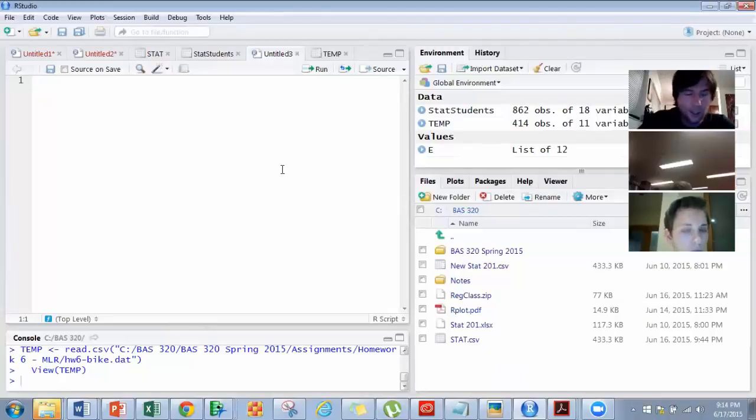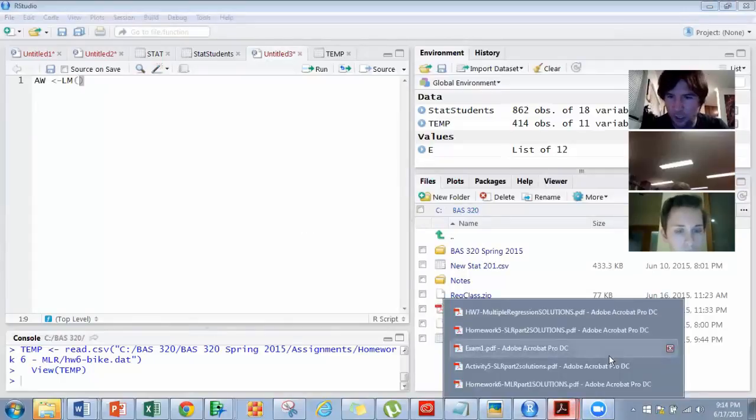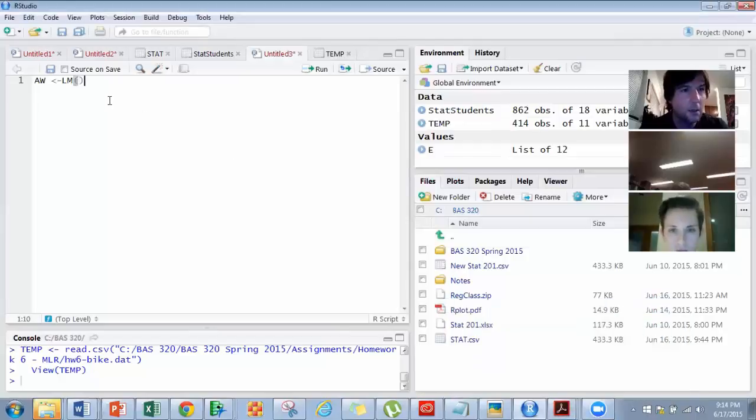I got my data loaded in, and I want to put in a model. We'll call the model awesome. And let's create a linear model right here. And let's predict, what are we predicting on this assignment again? We're predicting demand, correct. So let's predict demand.